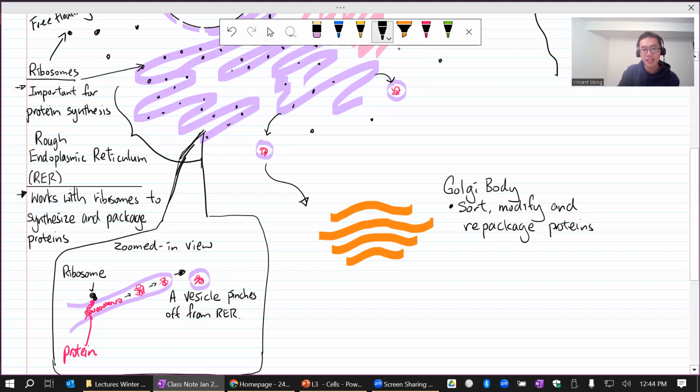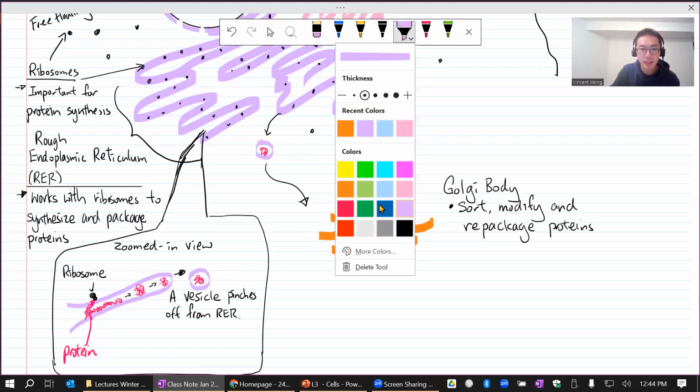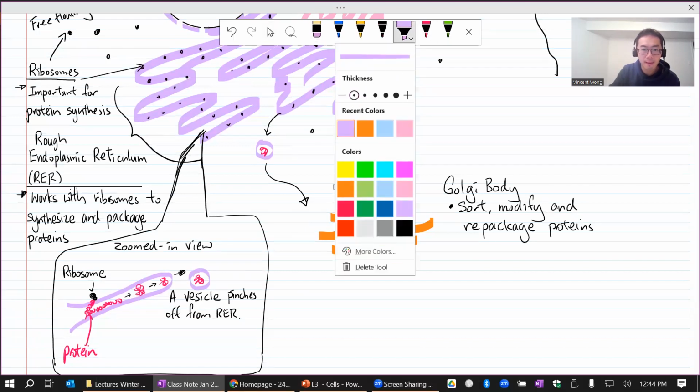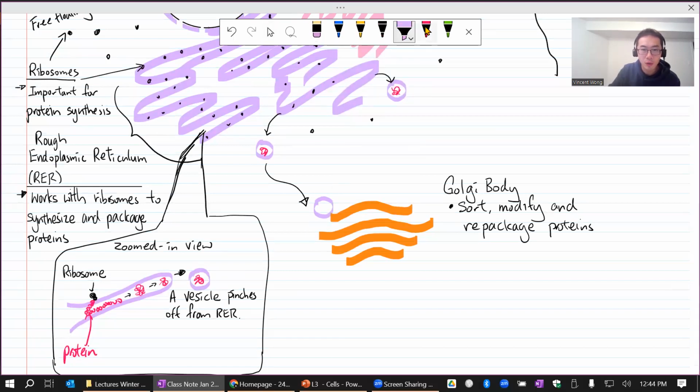Okay. So this vesicle that pinches off from the rough ER, it's going to go to the Golgi, right? And then it's going to fuse with the Golgi. Here, maybe I'll draw another one of these things right here. Oops, that's a little bit too big. It's going to fuse with the Golgi. And then the bubble is going to get passed forward and backwards a couple times. It's going to get sorted out. It's going to get modified.